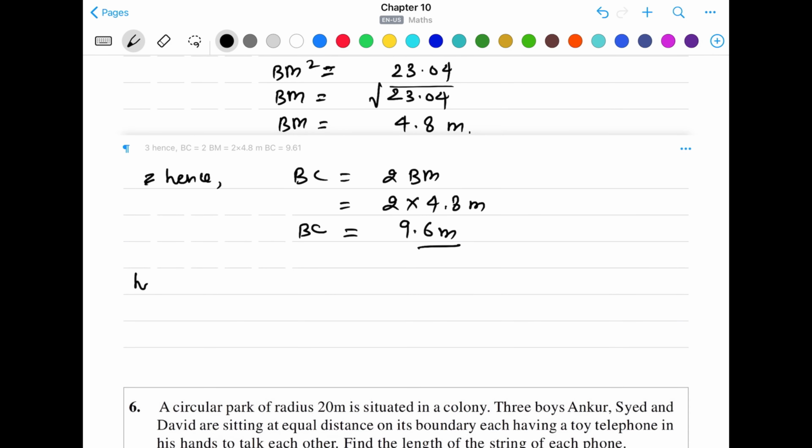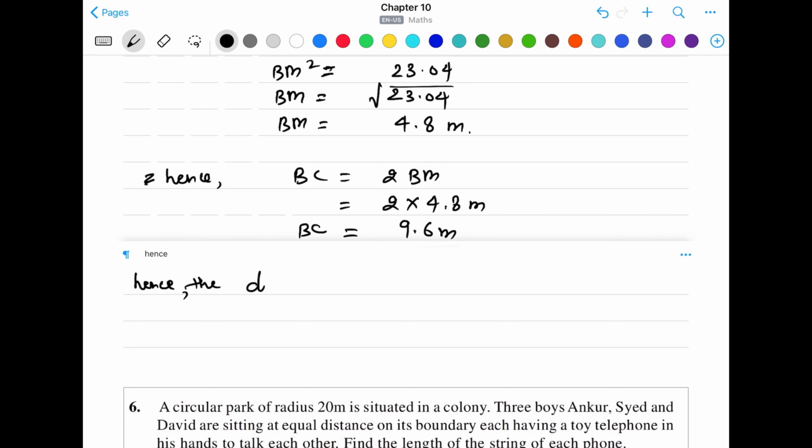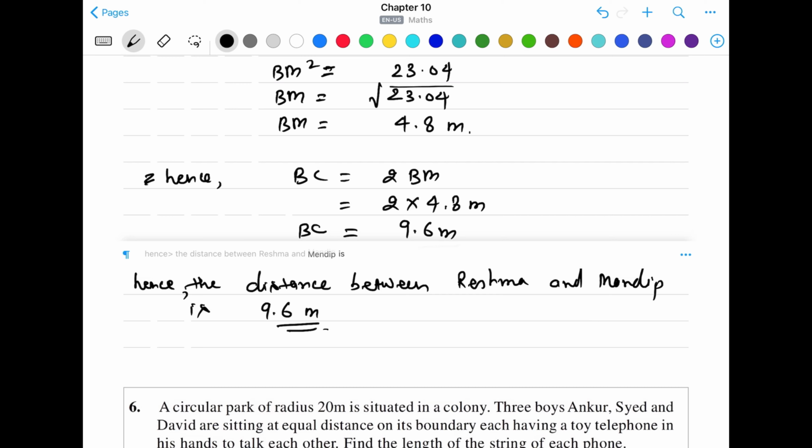Hence the distance between Reshma and Mandeep is 9.6 meter. Okay, that's the answer of question number 5.